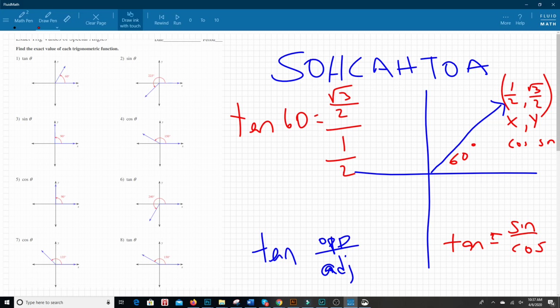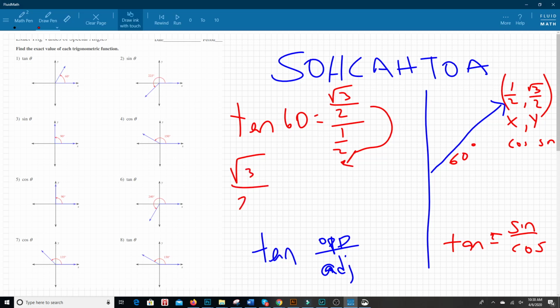Now, you remember you can't divide by a fraction, so I'm going to put an answer right here. This is going to be radical 3 over 2 times 2 over 1. Cancel out, cancel out.